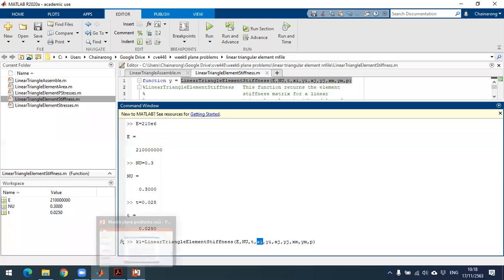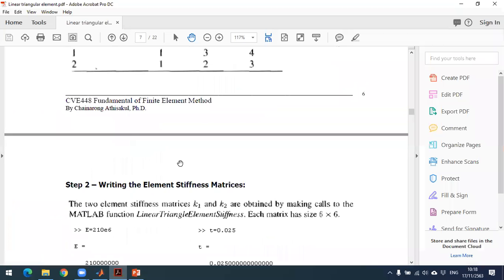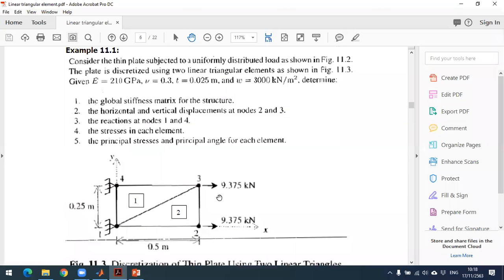Come back to the slide. We set up the coordinates over here, the local coordinates for element number 1. So xi for node I equals 0, yi for node I equals 0 also.